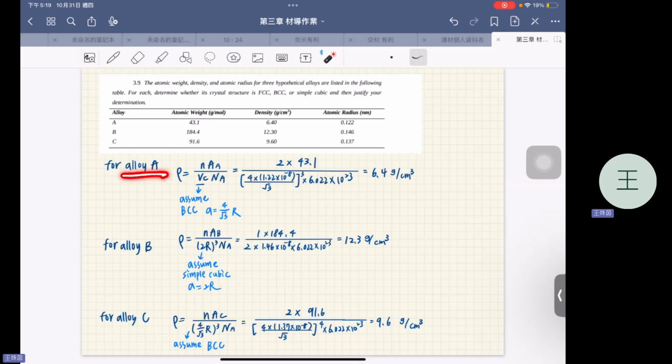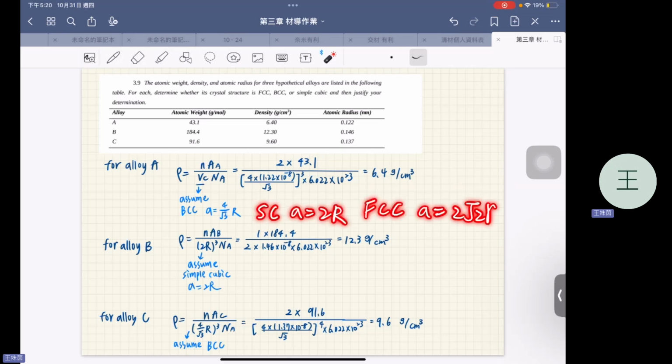For alloy A, we know the equation for density is like this, and this is the term that we need to test. We need to test it using BCC, where a equals 4R over square root of 3, or simple cubic, where a equals 2R, or FCC, where a equals 2 square root 2 R. These are the things we need to test.